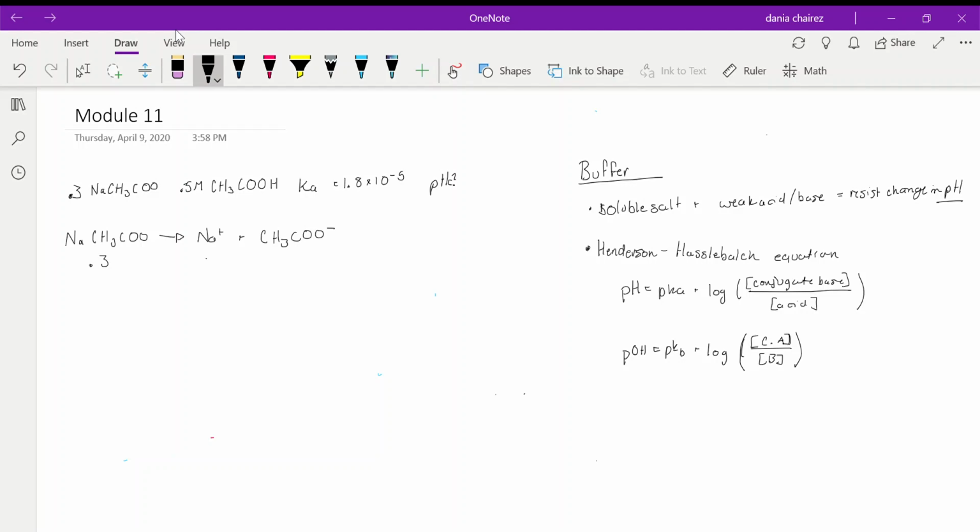You start off with 0.3 molar and none of these being created. So then your change is going to be the 0.3 molar, so that finally you end up with 0 over here and 0.3 molar here and 0.3 molar here.